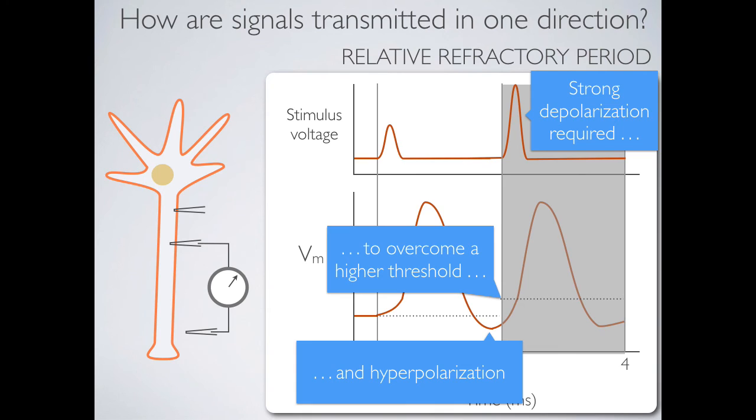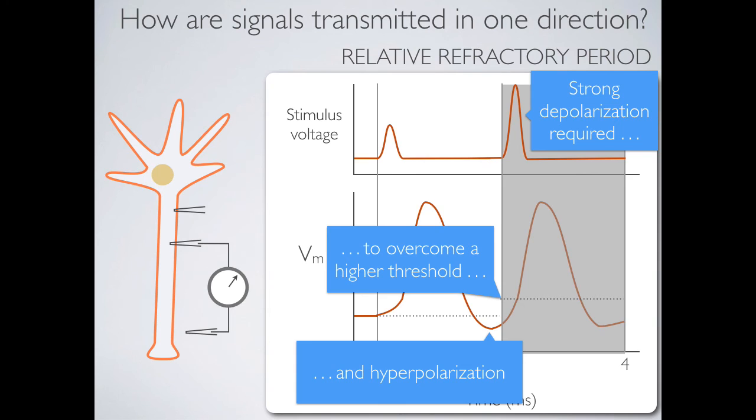That's a little confusing. Okay, so first of all, there's the observation. If you try to activate a neuron within 2 milliseconds of when an action potential has begun, you get nothing. Okay, it is impossible to activate the axon in those 2 milliseconds. When you go from 2 to 4 milliseconds, which is what we have in gray here, then you can do it.